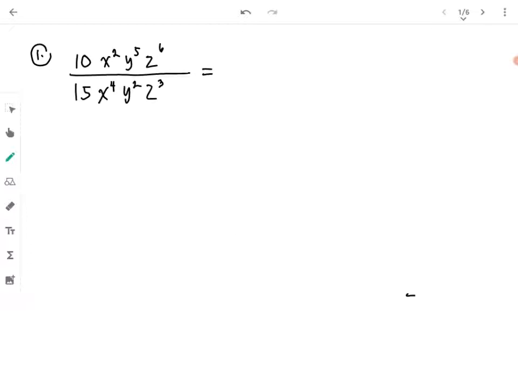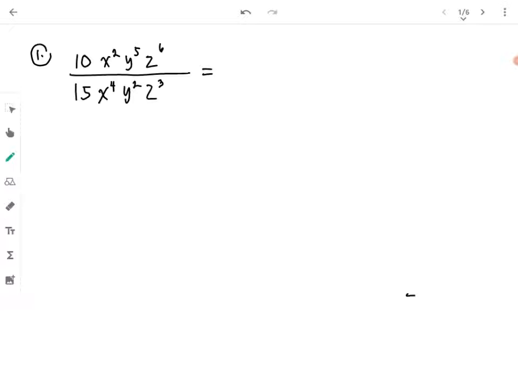So we have here 10 x squared y raised to 5 z raised to 6 all over 15 x raised to 4 y squared z cubed. If we're going to simplify this, we simply factorize the numerator and factorize the denominator. Then we try, by division, to cancel out those common factors.